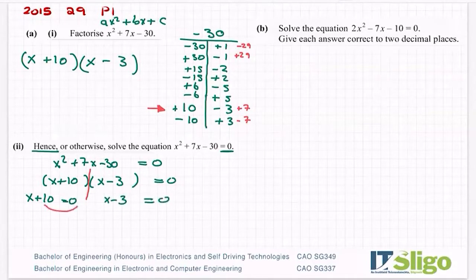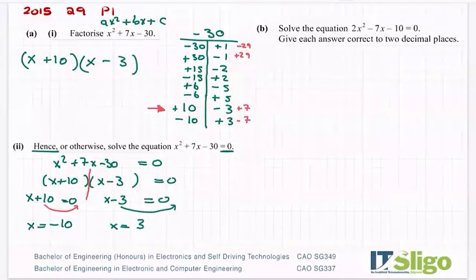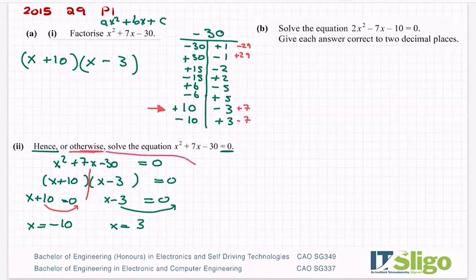So in other words, you're minusing 10 from both sides, or you're bringing that 10 over the other side. Either way, you'll get minus 10. You bring the 3 over the other side and you'll get 3. Okay, so that was the hence. That's how you do it using factorizing. So it's really fast to solve it once you have your factors. Okay, the otherwise then you could have used the minus b formula.